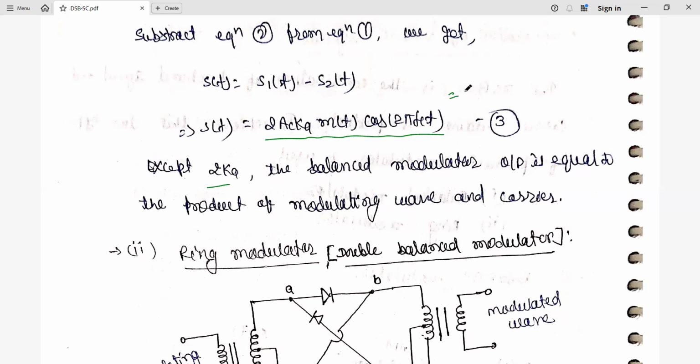So this can also be written as 2 Ka c(t) m(t), where c(t) is the carrier signal and m(t) is the message signal. So now we got the product of the message signal and the carrier signal. Okay, that's why it is our DSB-SC signal.